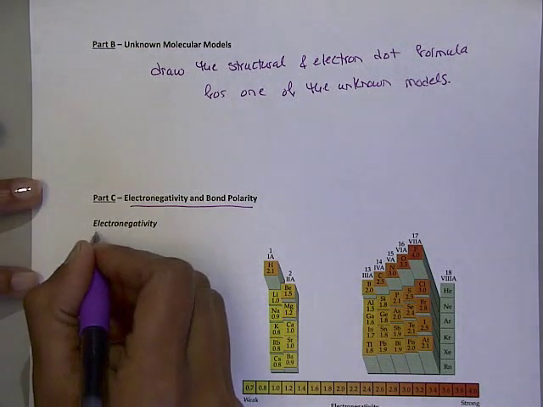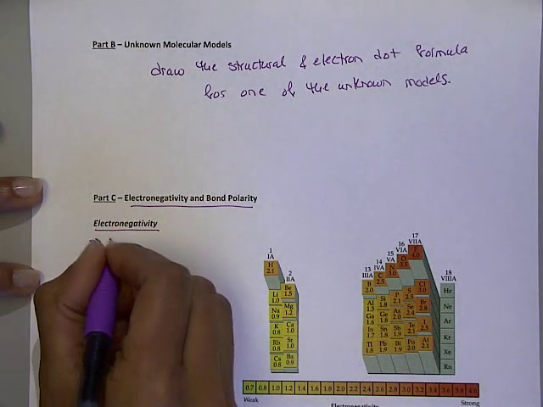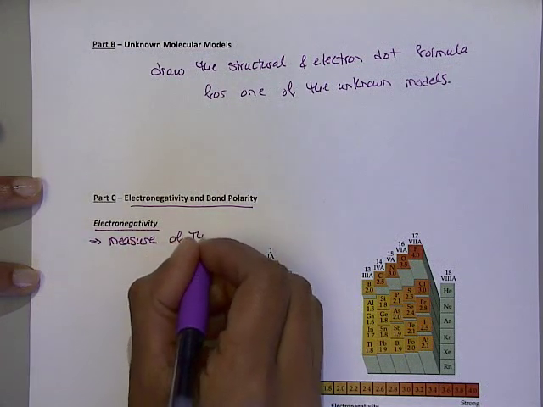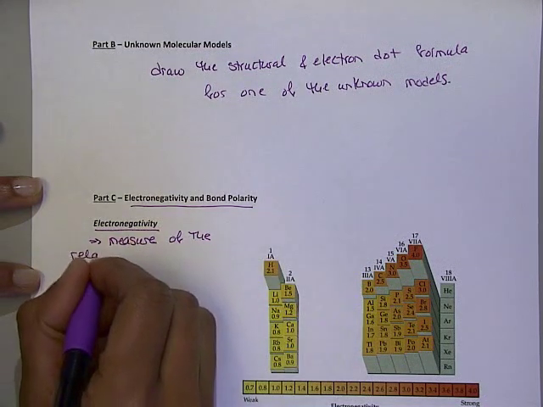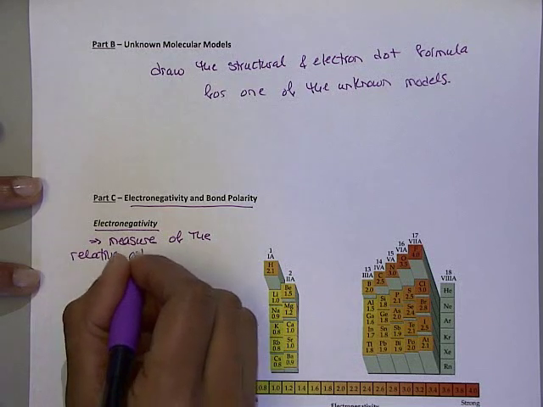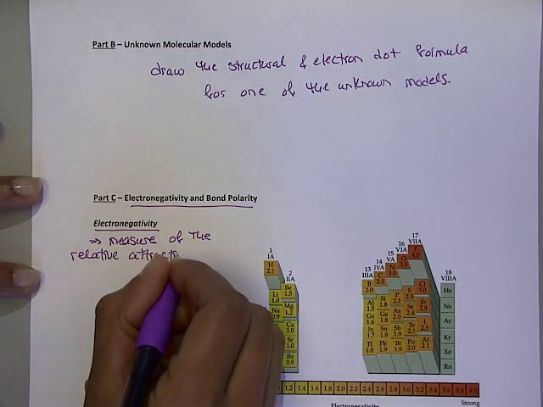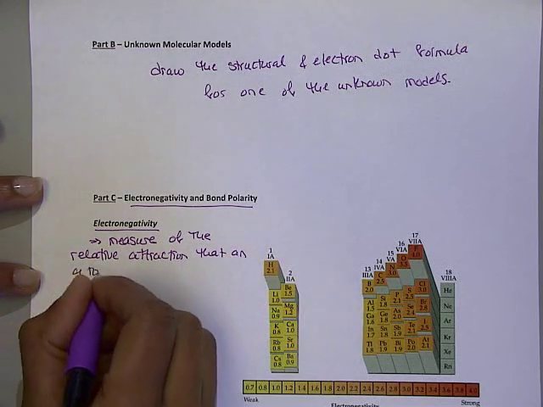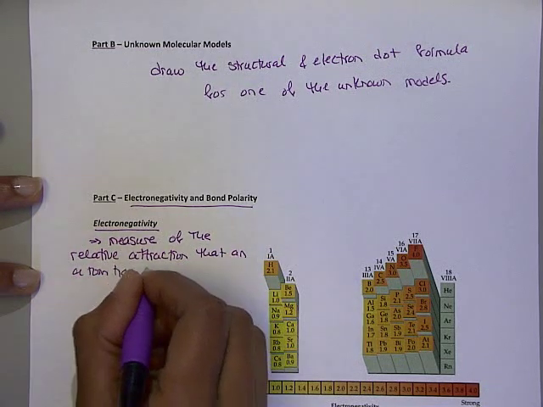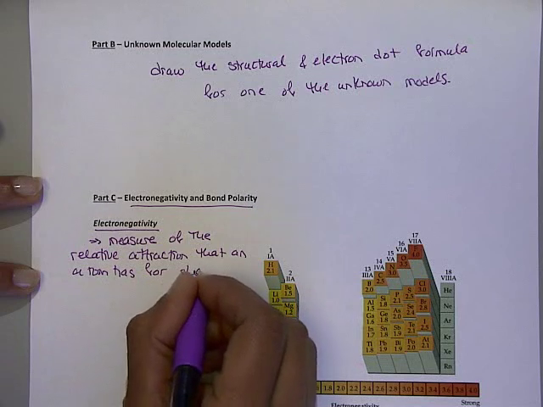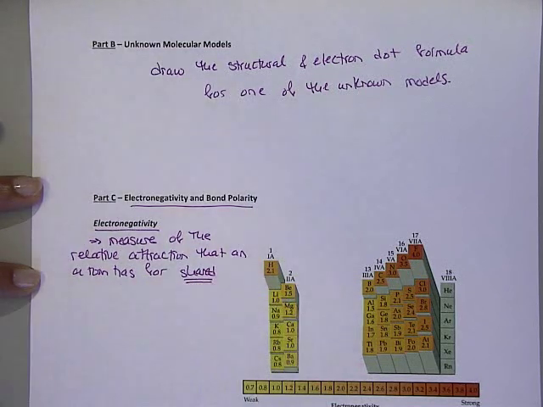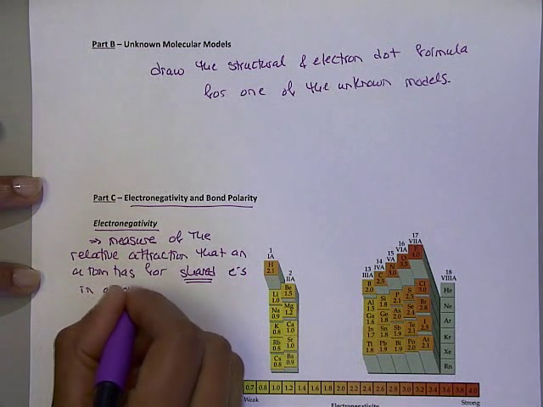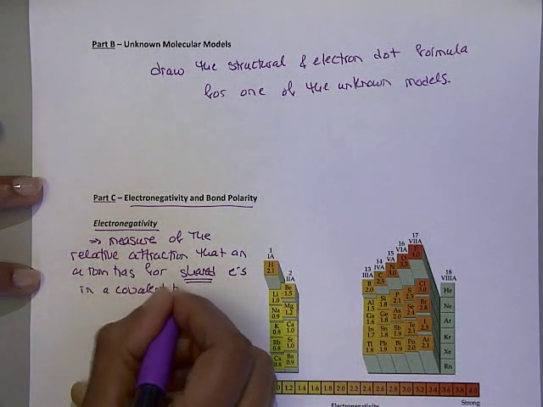We'll discuss this in lecture, but electronegativity is basically the measure of the relative attraction that an atom has for shared electrons, and I'm going to underline that because that's key, shared electrons in a covalent bond.